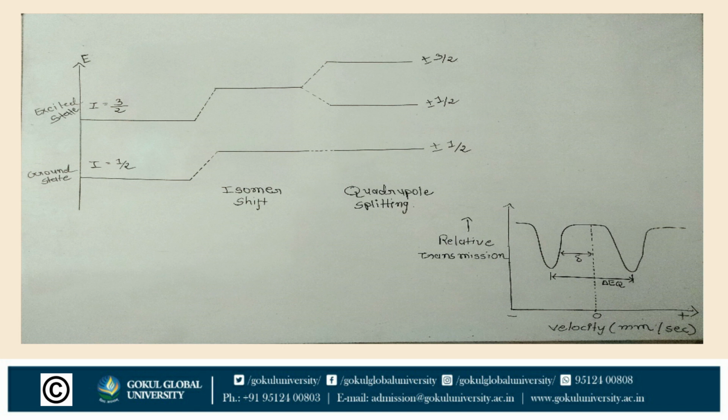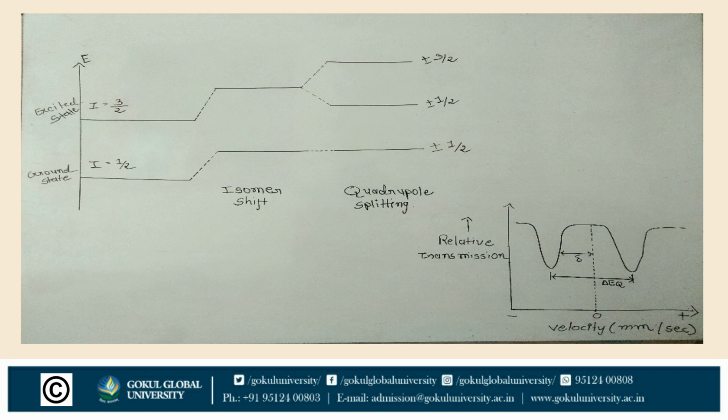Now we see the energy diagram for the quadrupole splitting and the isomer shift. We can see the diagram for the isomer shift of iron 57. This is the ground state. The ground state has I equal to 1 by 2 and this is the excited state that has I equal to 3 by 2.